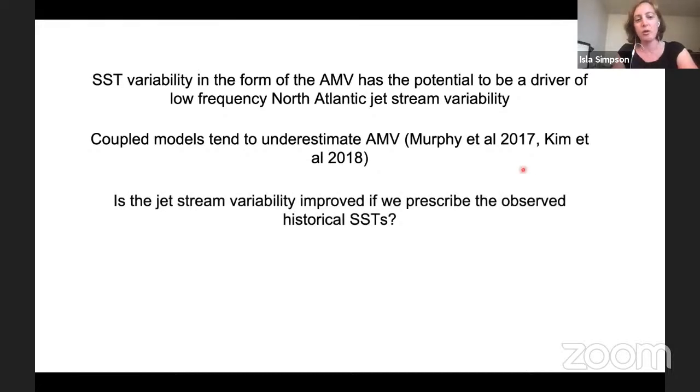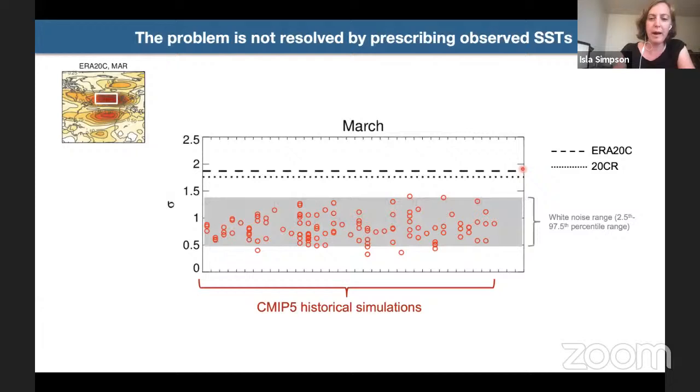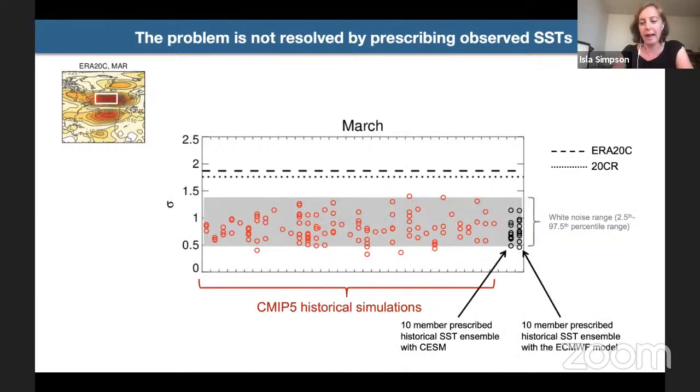So we could ask, does this variability in the jet stream improve if we prescribe the observed historical sea surface temperatures? If we go back to our CMIP5 model plot, in black I'm adding on two 10-member ensembles with prescribed observed sea surface temperatures, one from CESM and one from the ECMWF model. And these just look like the coupled runs.